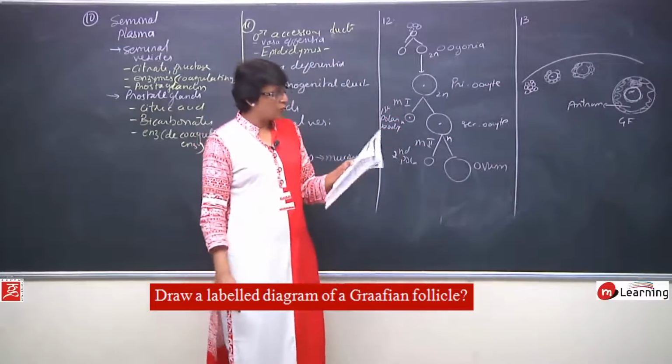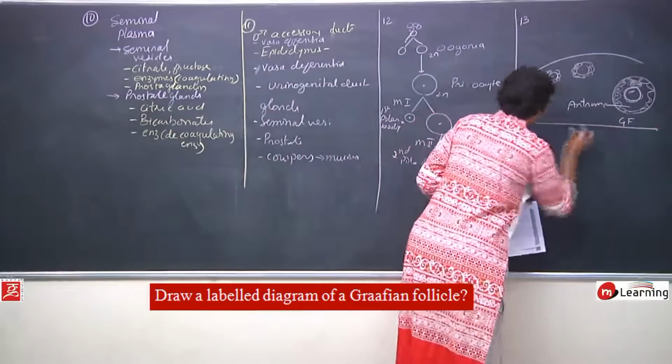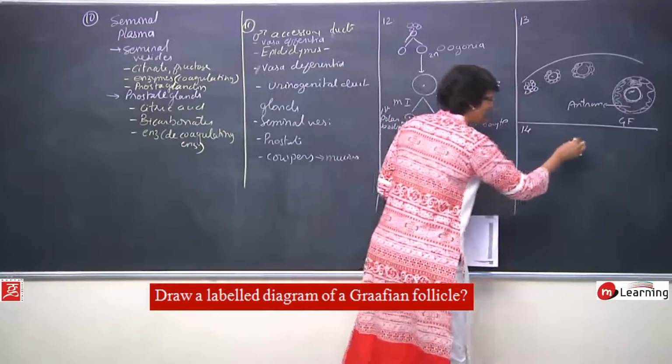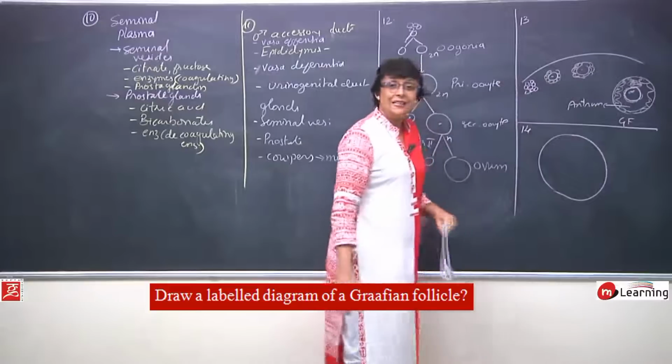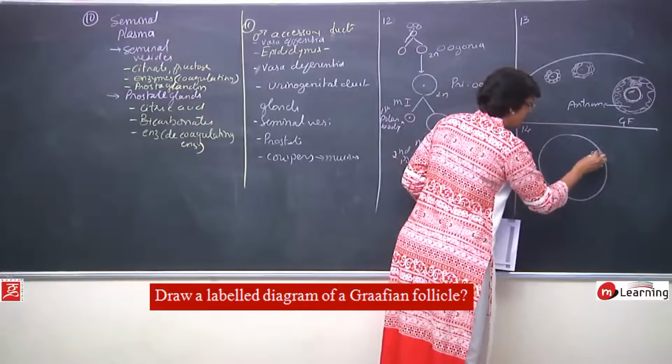14th question is, draw a well labeled diagram of Graafian follicle. So, 14th we are making a detailed structure of Graafian follicle. There are many layers of follicular cells here.